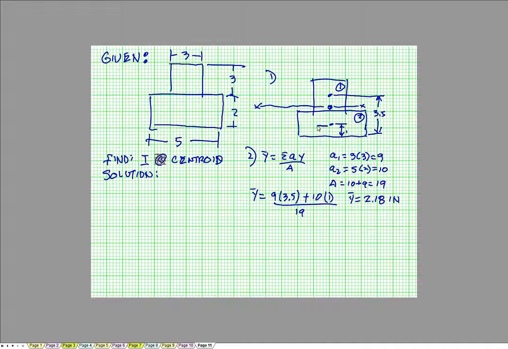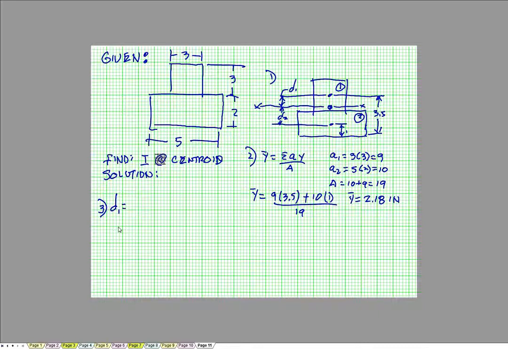My distances now: this is distance 1, this is distance 2. So step number 3 is calculate all your distances. You see where I'm getting my distances from the individual centroid to the centroid of the composite.